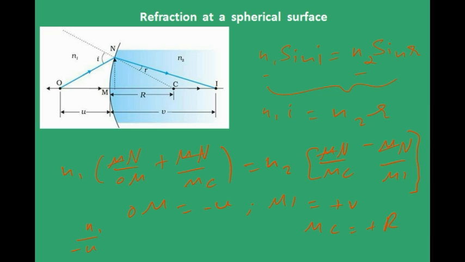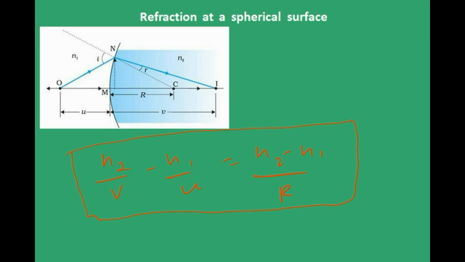N1 by minus u plus N1 by r. This should be equal to N2 by r minus N2 by v. The same equation can be written as N2 by v minus N1 by u is equal to N2 minus N1 by r. This is the equation which gives the relation between image distance and object distance when a light ray gets refracted at a spherical surface.